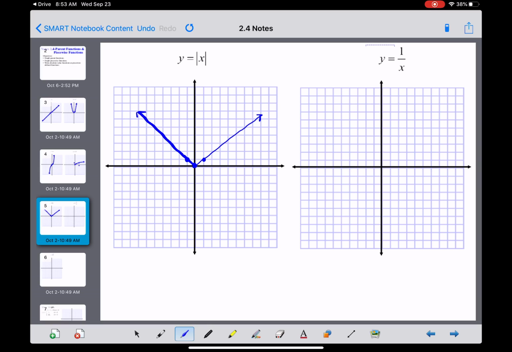Y equals 1 over x. Well, 0 can't work. 1 divided by 0 is undefined. So you might recall from Algebra 2 that 0 gets a vertical asymptote there because you can't divide by 0. 1 would be 1 and negative 1 would be negative 1. You're also going to be expected to graph a horizontal asymptote at y equals 0. So it has these two asymptotes, and then this was a rational function, so it has these things called branches.